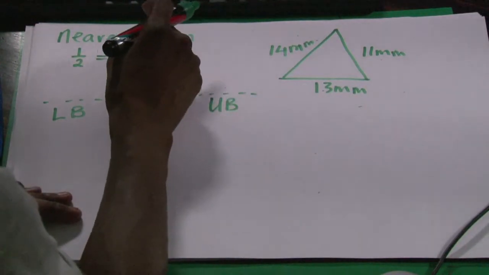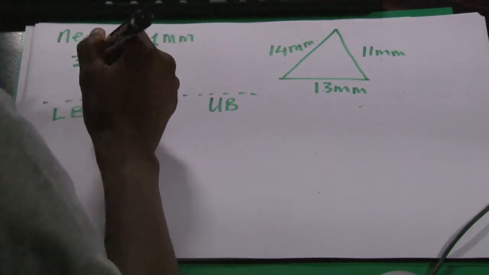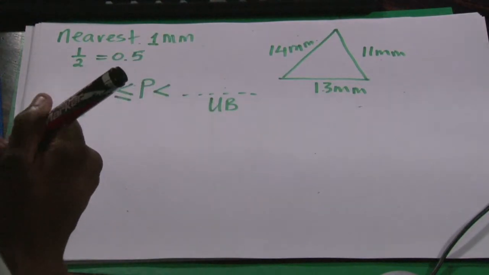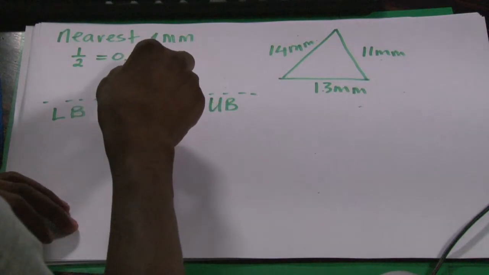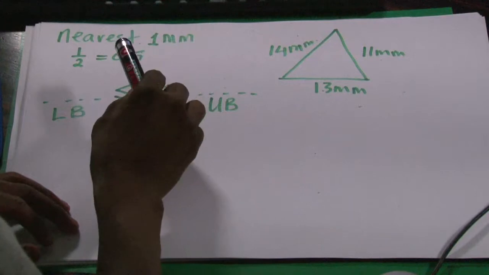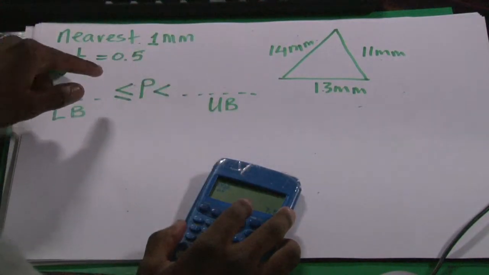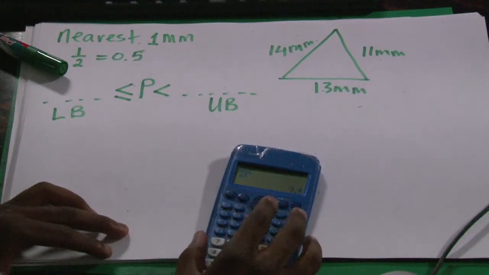So if it was to the nearest 10 millimeters, then you would divide that number by 2. Okay, now to find the lower bound, you should subtract 0.5 from each value, because these numbers were rounded off to the nearest 0.5.